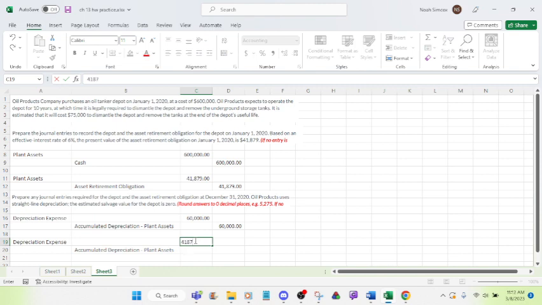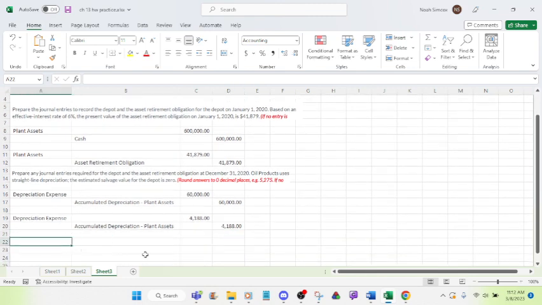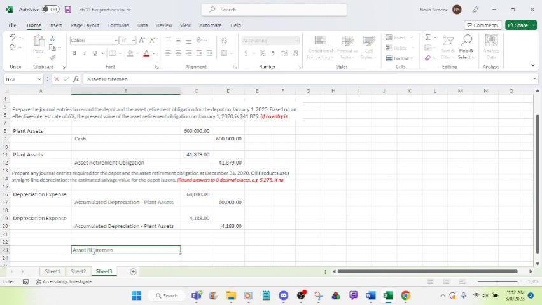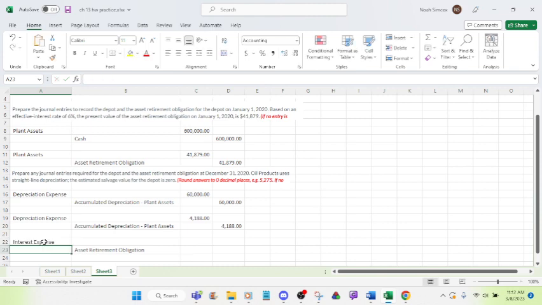4187. 4188. And then you have asset. This number needs to go up. And if you increase this, you go asset retirement obligation and then interest expense. So now how do you get that number up?